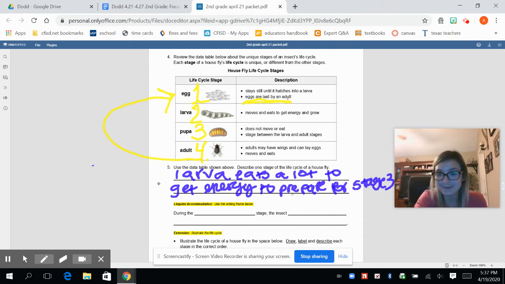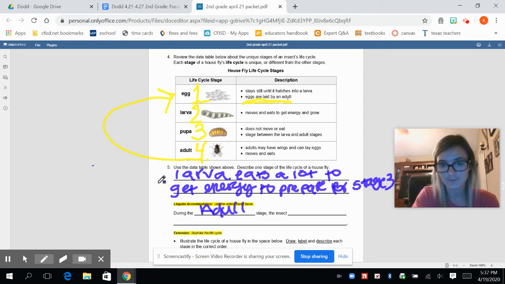So let's use a different stage. During the adult stage, the insect what? Well, it doesn't move. It doesn't stay in the little cocoon it has. It doesn't eat a ton of food to store energy for a change it's going to go through, because it's not in the last stage.